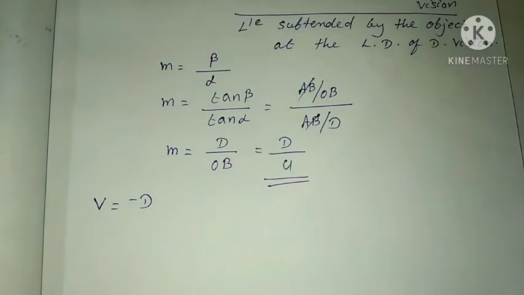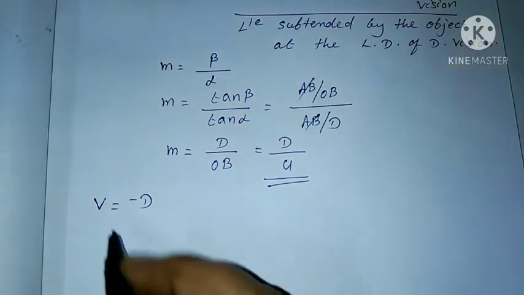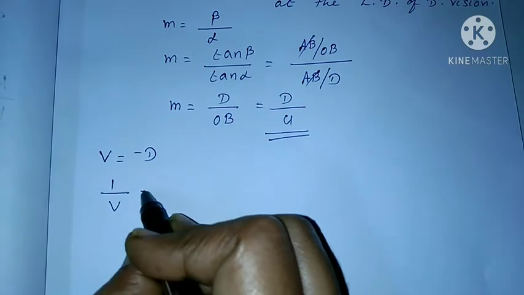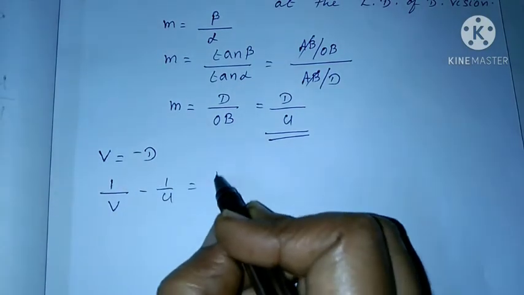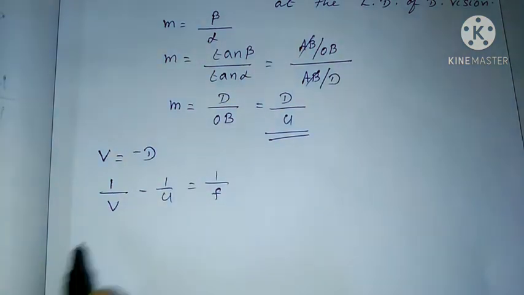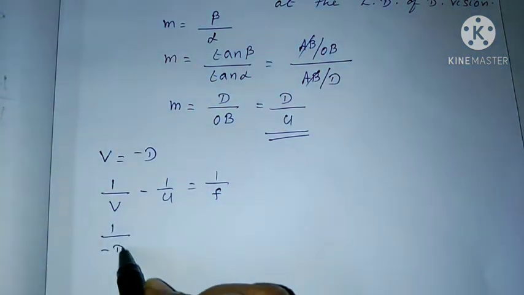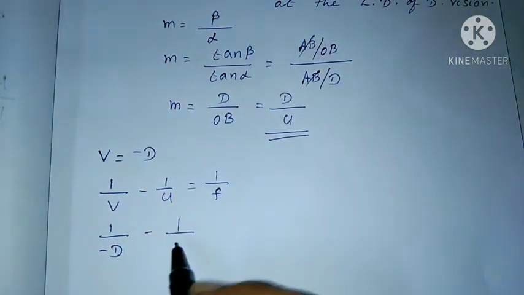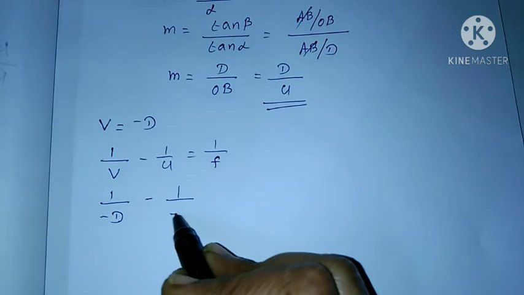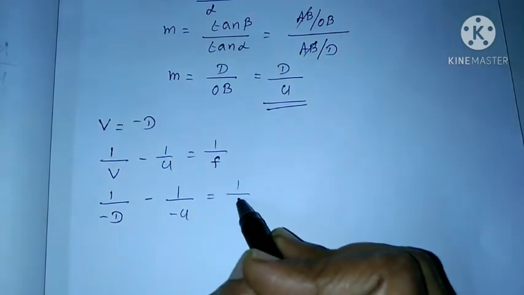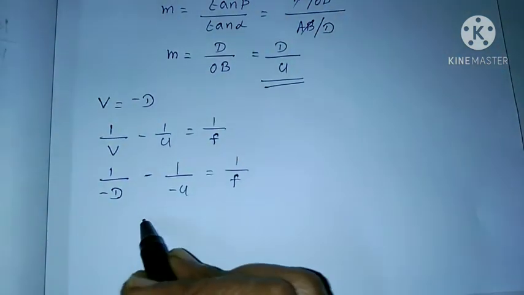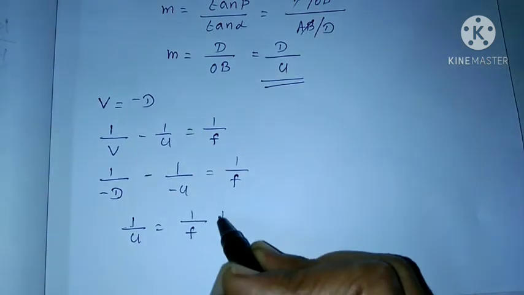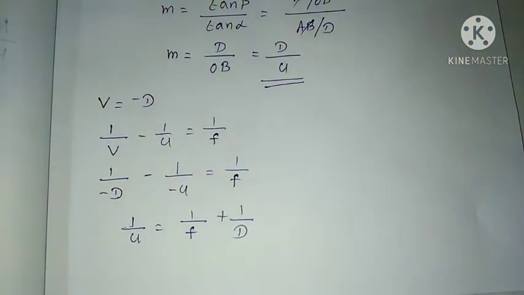Here the image is formed at a distance of D, so we can write V equal to minus D. From the thin lens formula, what is the thin lens formula? That is 1 by V minus 1 by U equal to 1 by F. So that is 1 divided by minus D minus, what is the object distance in terms of the sign? That is minus U, equal to 1 by F. So again we can write 1 by U equal to 1 by F plus 1 by D. Clear?